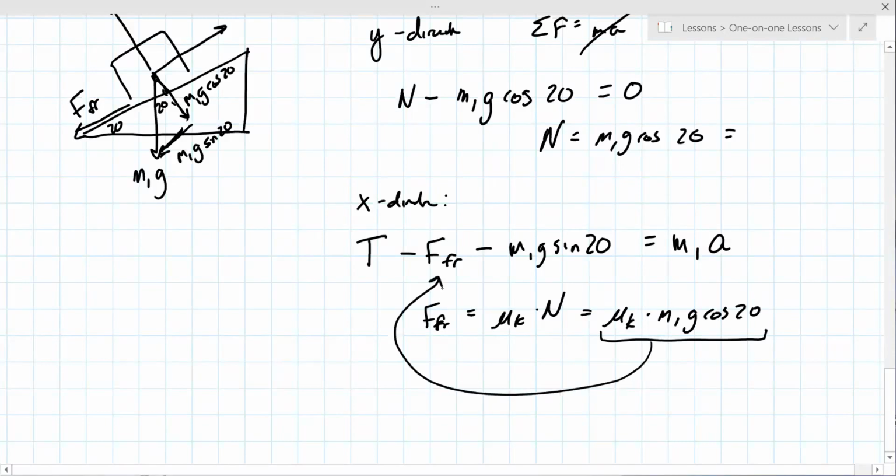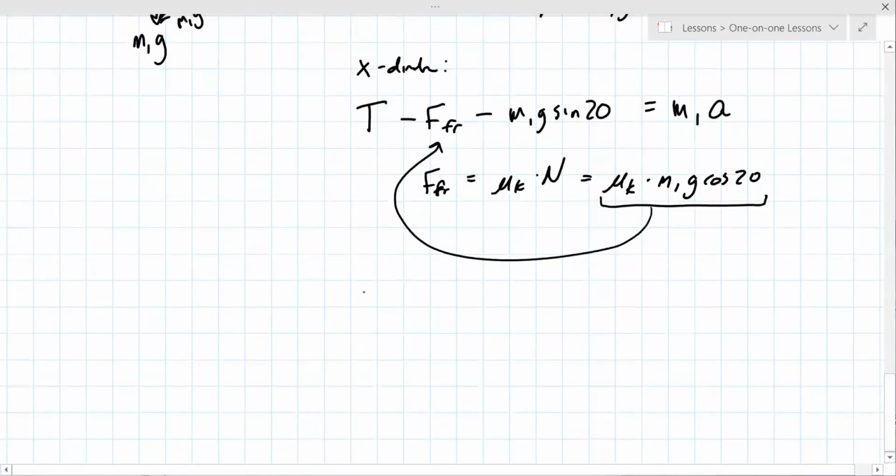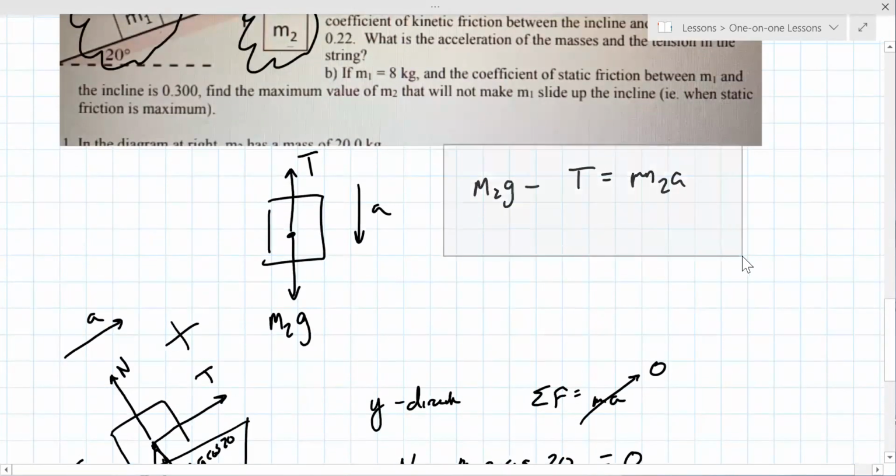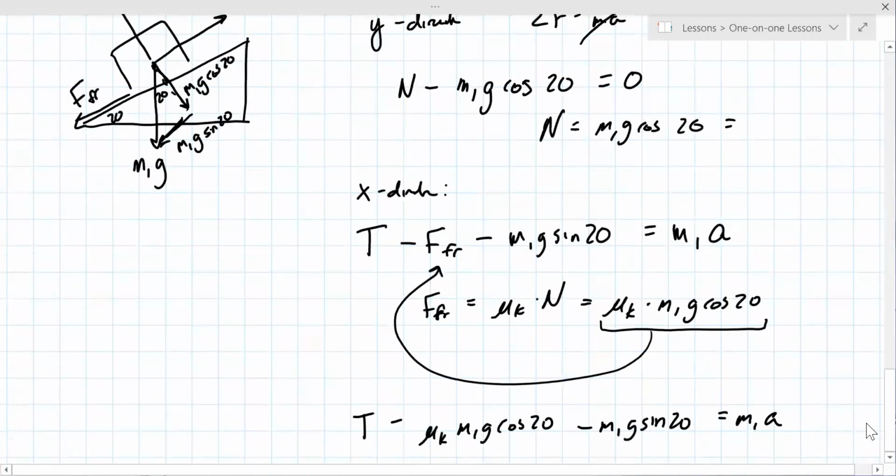All of that goes there. So it's T minus mu k m1g cosine 20 minus m1g sine 20 equals m1a. That looks bad still, but you know mu k, you know m1, you know g, and so on. We're going to bring down the equation that we just found going the other direction for the other part.